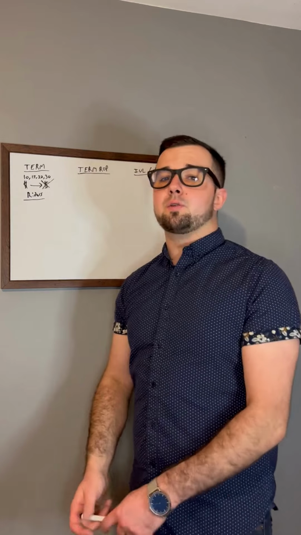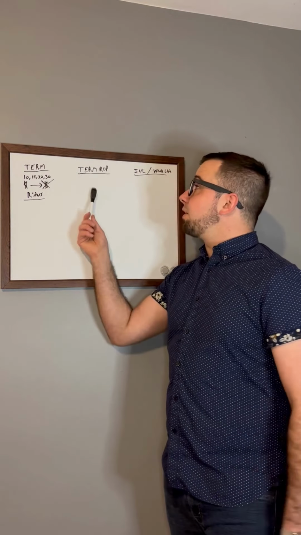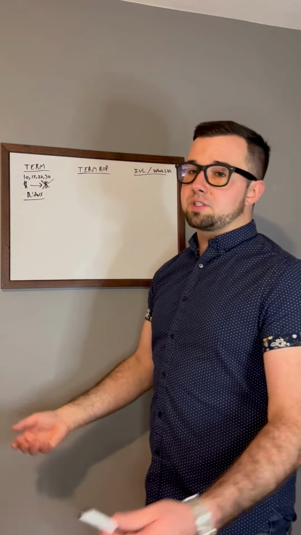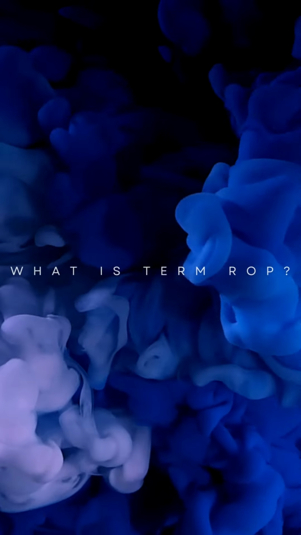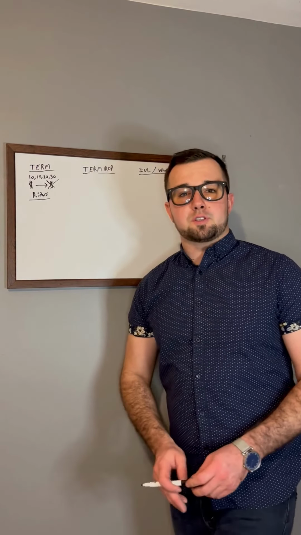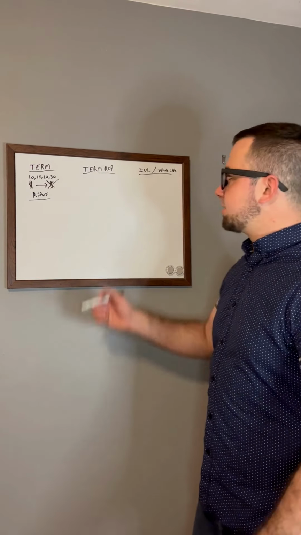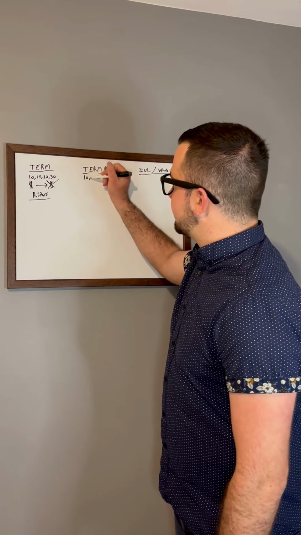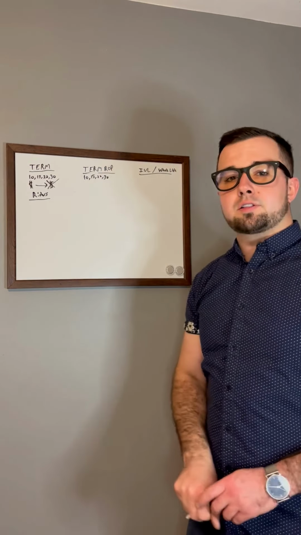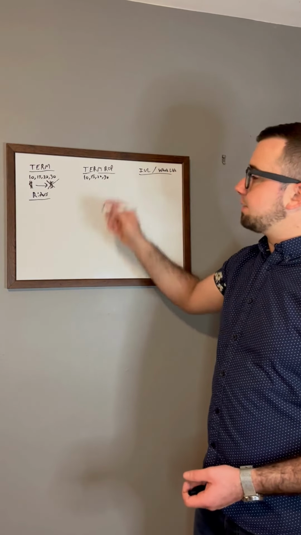So the next thing we're going to go into is term return of premium. These policies are awesome. So what is term return of premium? A term return of premium life insurance policy is very similar to a term policy in the sense that the years, the 10, 15, 20, and 30 years that the policy is in effect, it has the same coverage.